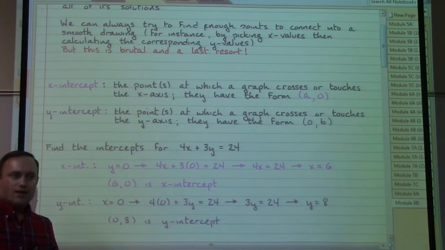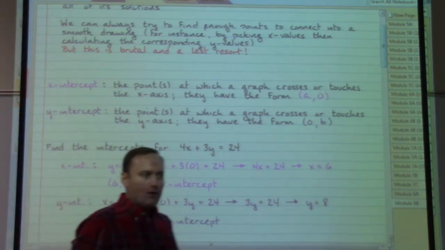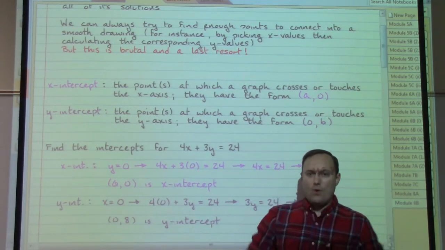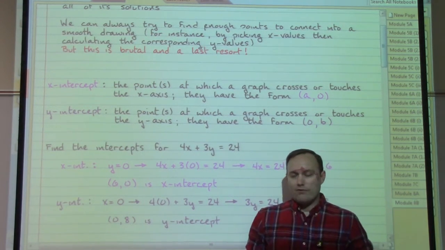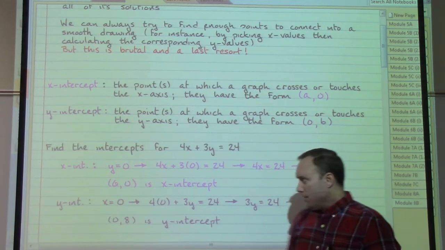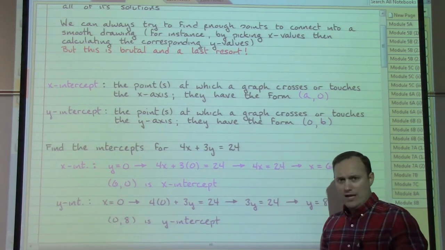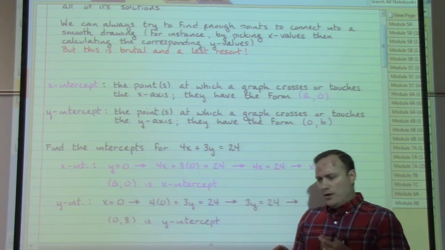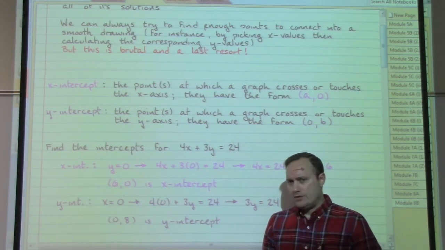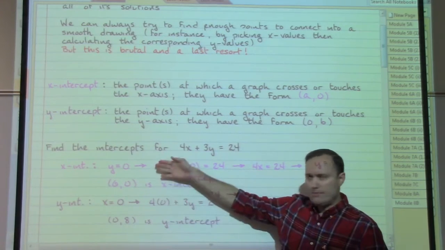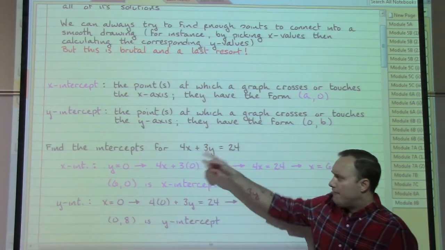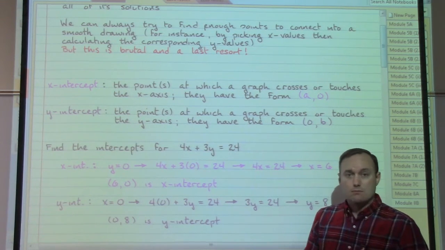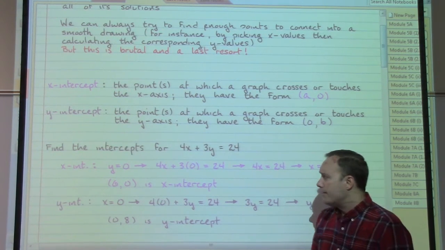There might be even occasions where we are forced to create a drawing by specifically finding both X-intercept and Y-intercept points in order for us to do our connect the dots. So we might not actually have the freedom to use our most efficient method of working with the Y-intercept and the slope. We might be forced to do something like this particular example, find those intercepts, and then what we're not going to do here, which is use those to create the drawing.